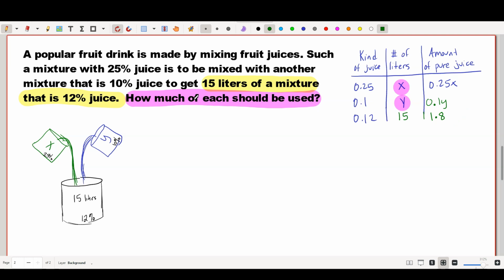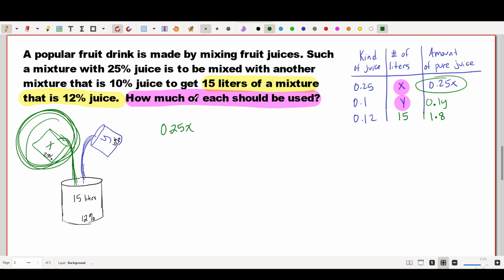So if we were to take 0.25 times x, that would be the amount of pure juice in this first mixture. Again, if x was 4, if I dumped 4 liters of this first solution into the bin, the amount of pure juice I'm pouring in there is 0.25 times 4, which is one whole liter of pure juice.